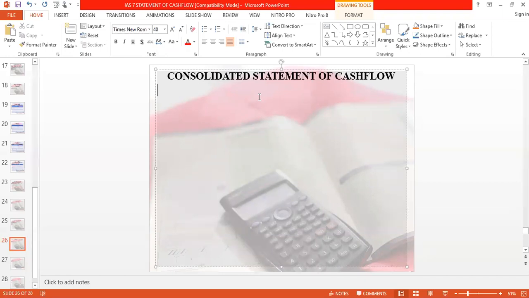Non-cash flow expenses are expenses that we don't spend on. For example, you don't spend on impairment. You don't spend on depreciation. When you are allowed a discount, there is no money you pay to those people that you have allowed discount. When you are receiving a discount, there is no money you receive. Yet, when you receive a discount, it's an income.